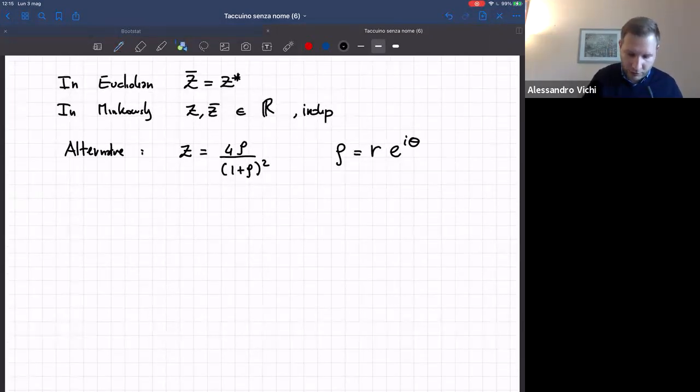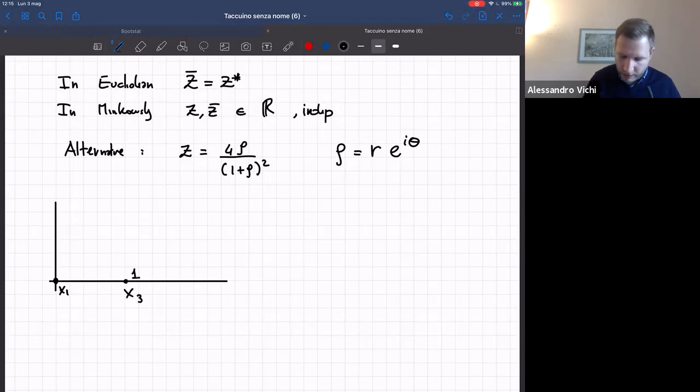And so by combining these transformations, for instance, you can always reduce yourself to a configuration where x1 is in 0, x3 is in 1, x4 you sent to infinity along this direction, and then at this point you have almost used all your invariants. The only invariance left is rotation around this axis.